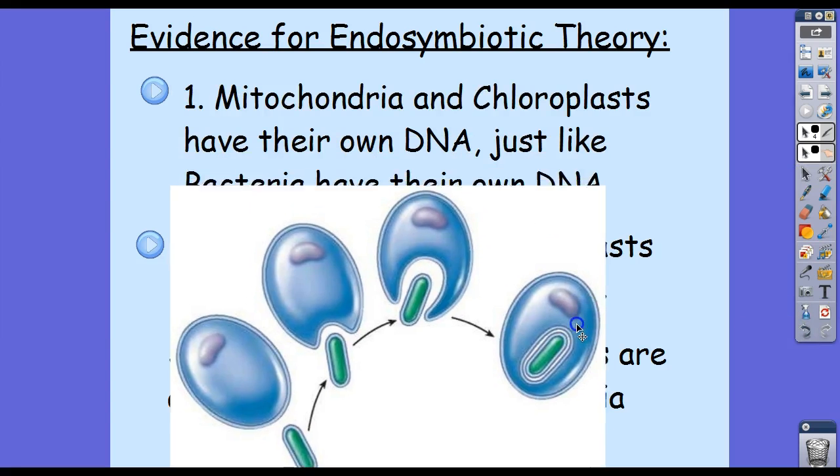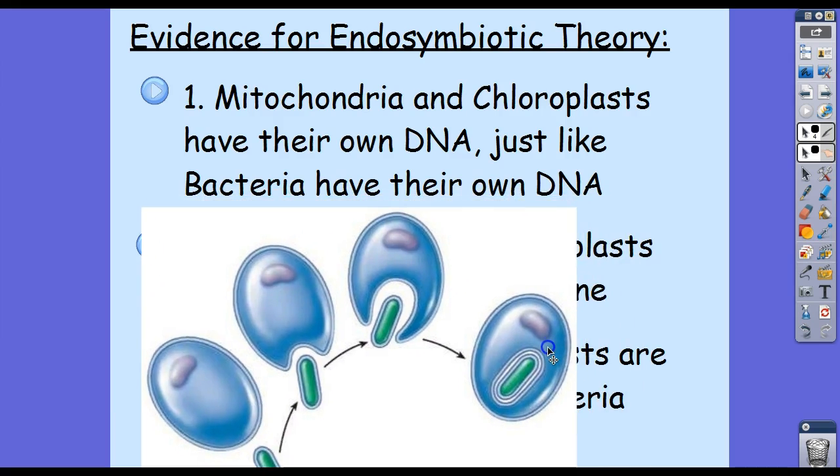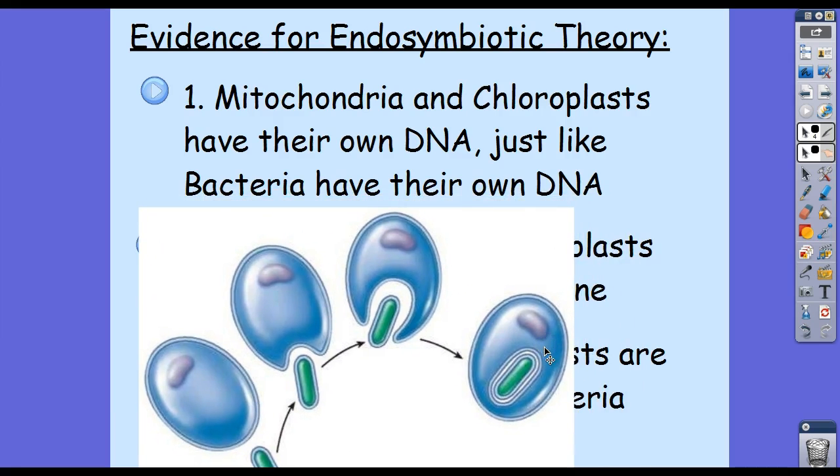So the first piece of evidence besides the fact that they have their own membrane is that mitochondria and chloroplasts have their own DNA. We talked about DNA being in the nucleus of the cell. Well, mitochondria and chloroplasts also have their own DNA. And that's kind of unusual.